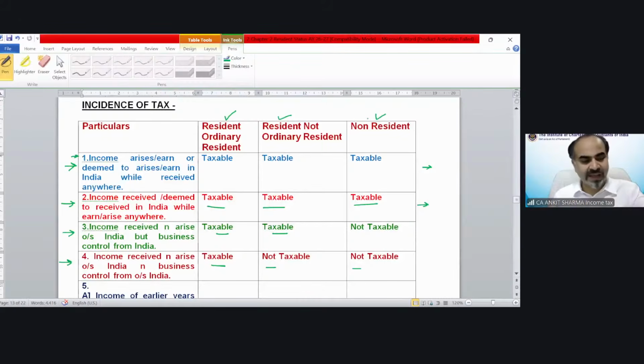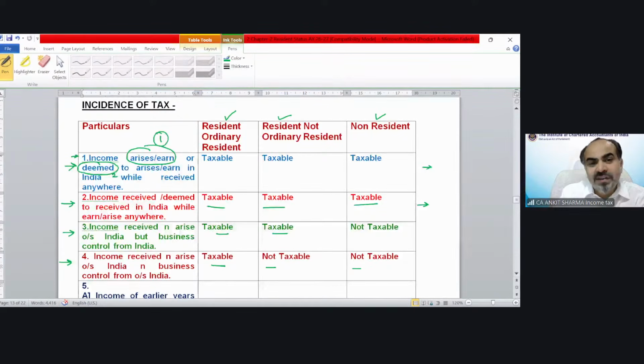Now the first point says income arises. Understand these points very carefully because you have to identify them. In the question, they will not be given like this. They will give the information that you have earned interest income, you have received business profit, etc. Now you have to identify whether it falls in the first, second, third, or fourth category. So the concept of these 4 points, you have to understand very carefully. The first point says income arises, is earned, or is deemed to arise or be earned. So the important point is arise or earn.